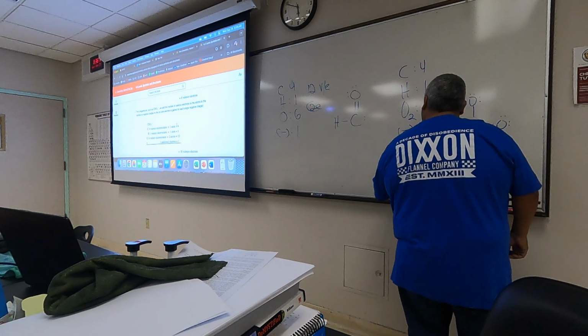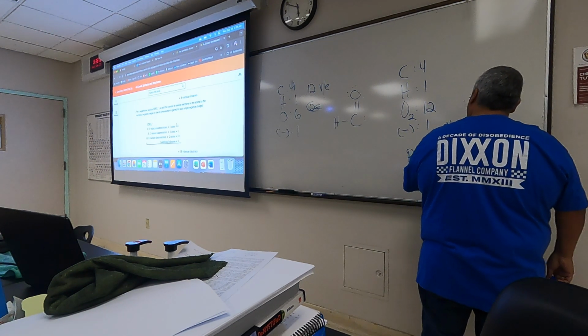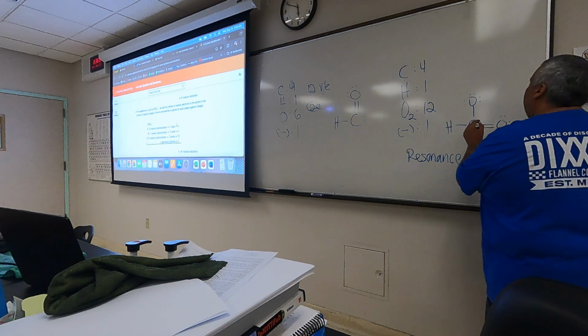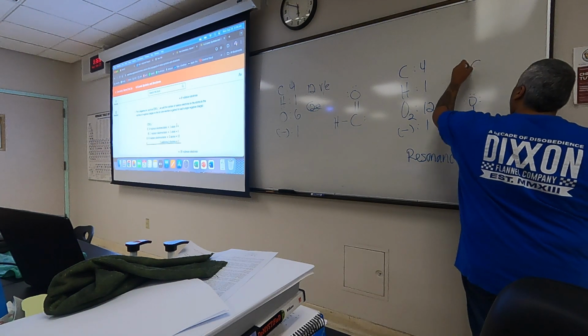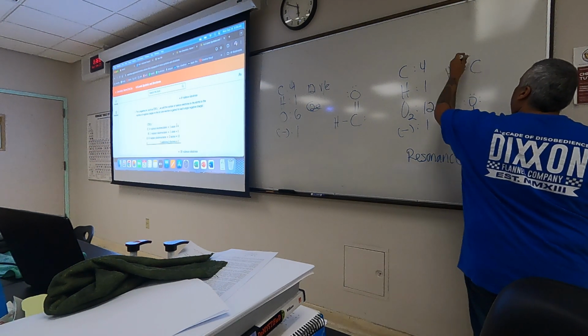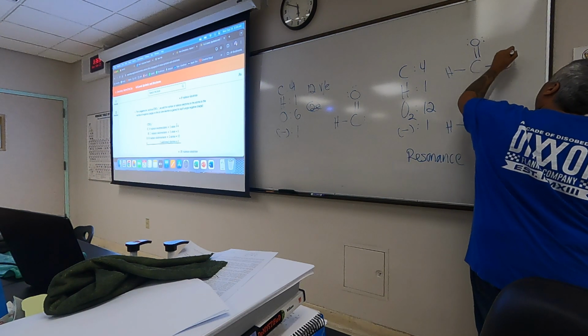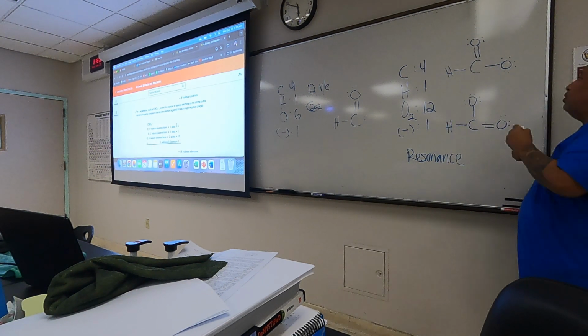We have this term that we call resonance. This is not the only way that we can see it. We could also draw it this way. This is also an acceptable structure.